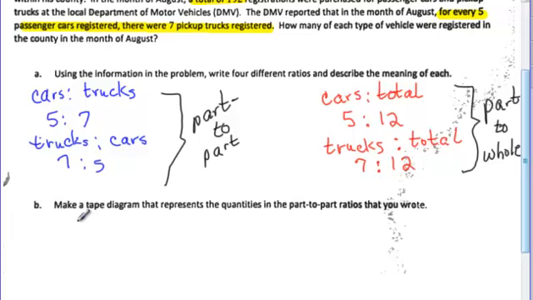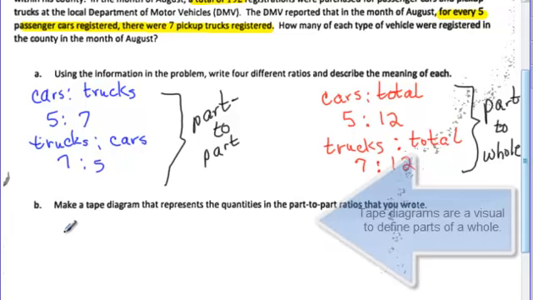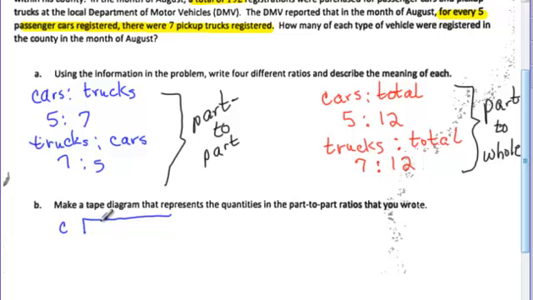Part B, make a tape diagram that represents the quantities and the part-to-part ratios that you wrote. Well, we had cars. Here's our part-to-part right there. So we had cars, and we're going to let 5 pieces in our tape diagram because we had 5. 1, 2, 3, 4, 5. 5 total parts there.